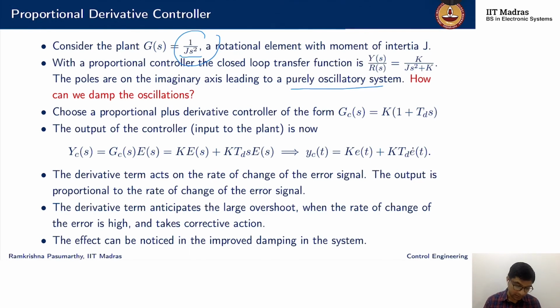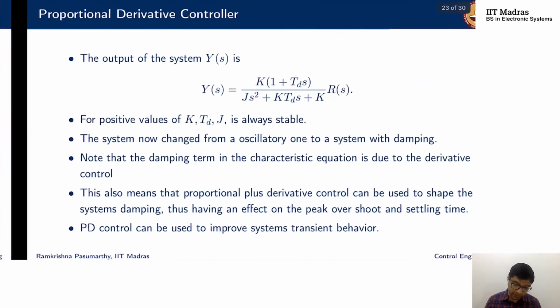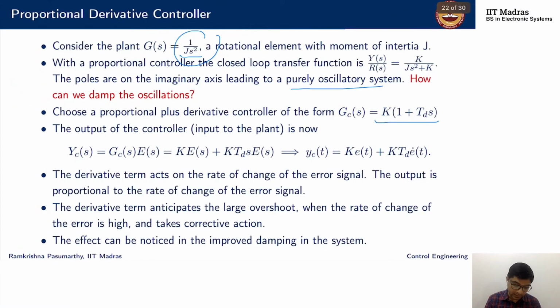Now I choose a controller of the form P plus D. The output of the controller, which is also the input to the plant, U of s, is Gc times E of s. So it is K times E plus K times Td times E dot.